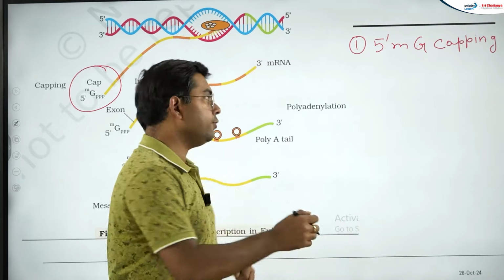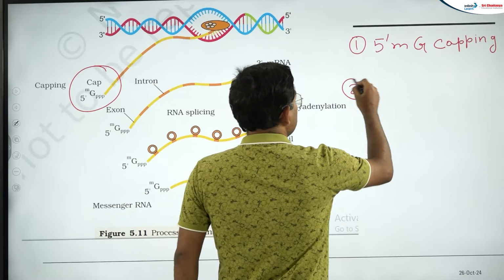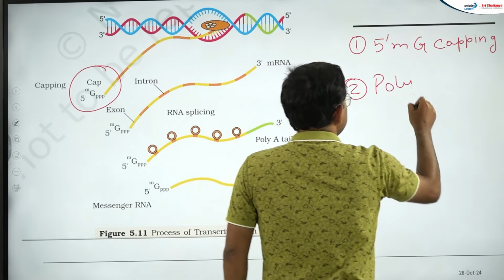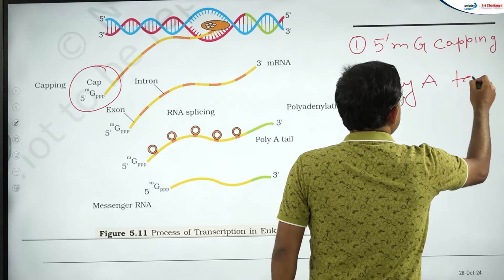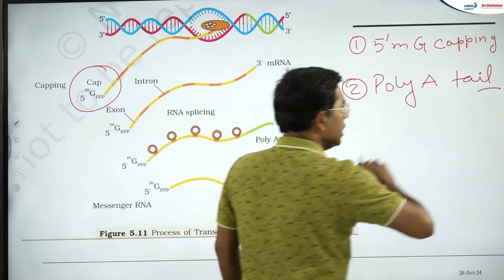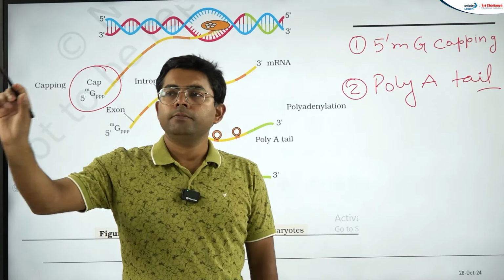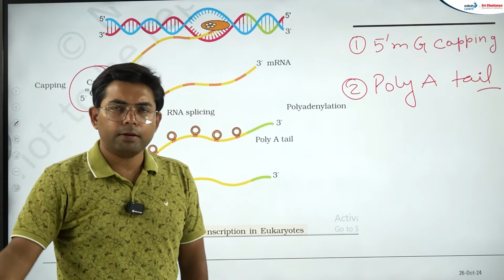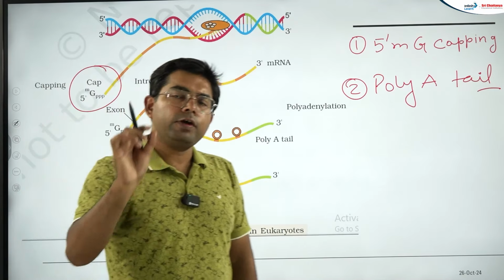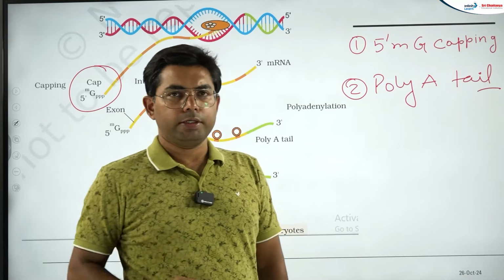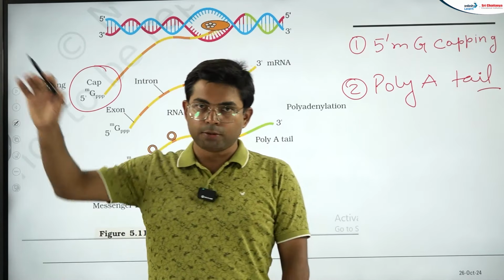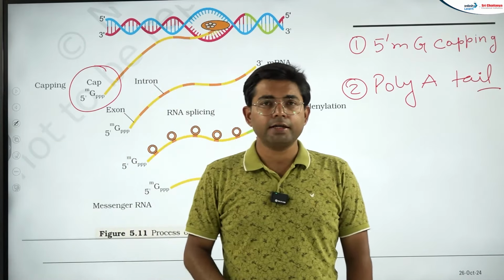The second modification is called the poly A tail. A large number of A is added at the 3' end, and that will secure the 3' end. Why is such a large number of A added?